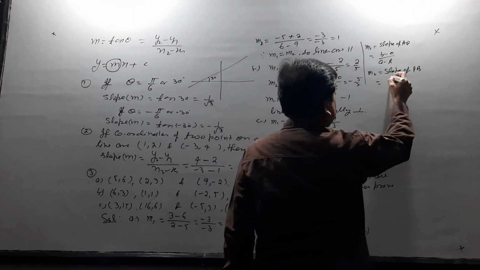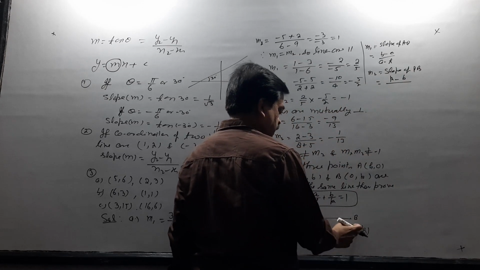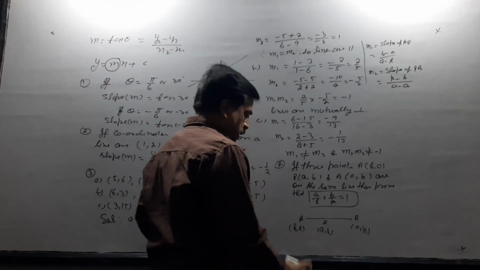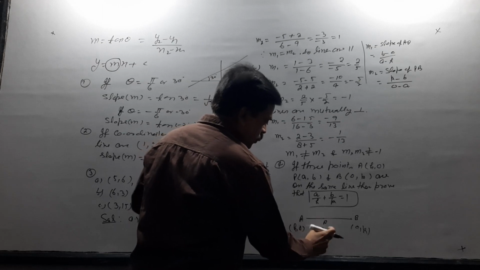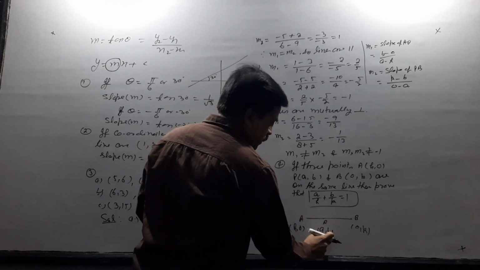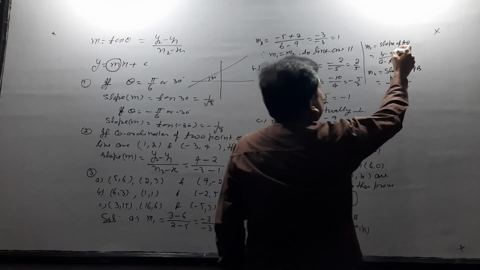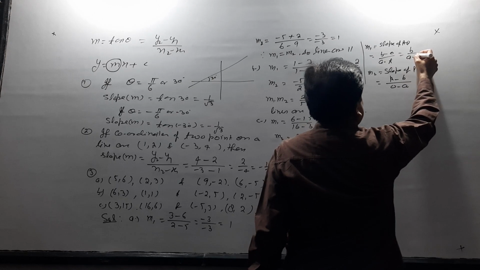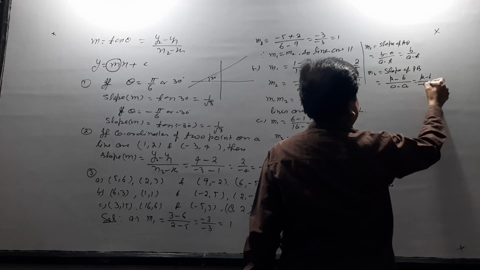y2 is k, minus b, k minus b upon x2 minus x1, 0 minus a. In AP, this is x1, y1 and these are x2, y2. In PB, x1, y1 are these coordinates, x2, y2 are (0, k). So this slope is b upon a minus h, and here it is k minus b upon minus a.